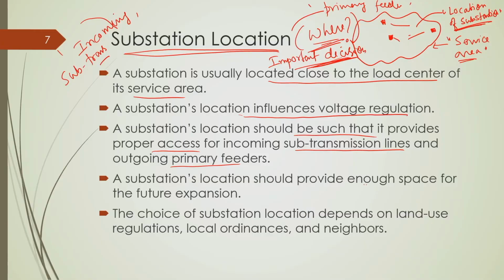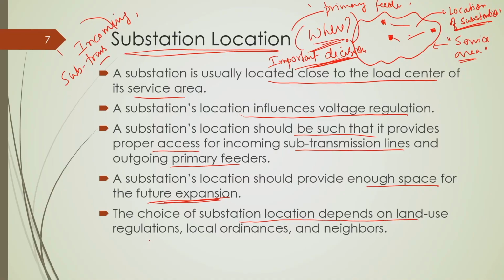So, substation location should provide enough space also for future expansion, because as you know, for meeting future load demand, we need to extend the substation capacity, and in order to do so we need to have proper expansion. The choice of substation location also depends on various factors like land regulations, local ordinance and neighbors. Neighbors is an important factor. So, we cannot arbitrarily place it anywhere where some important local buildings are situated.